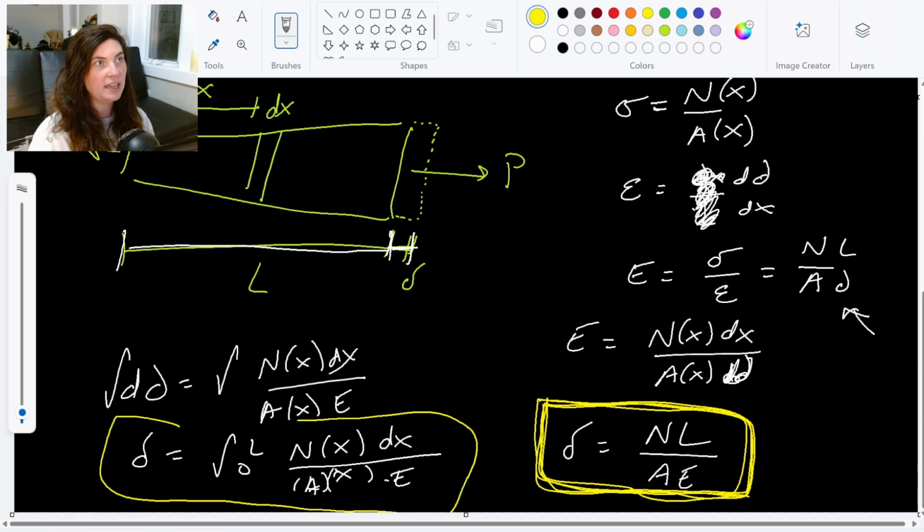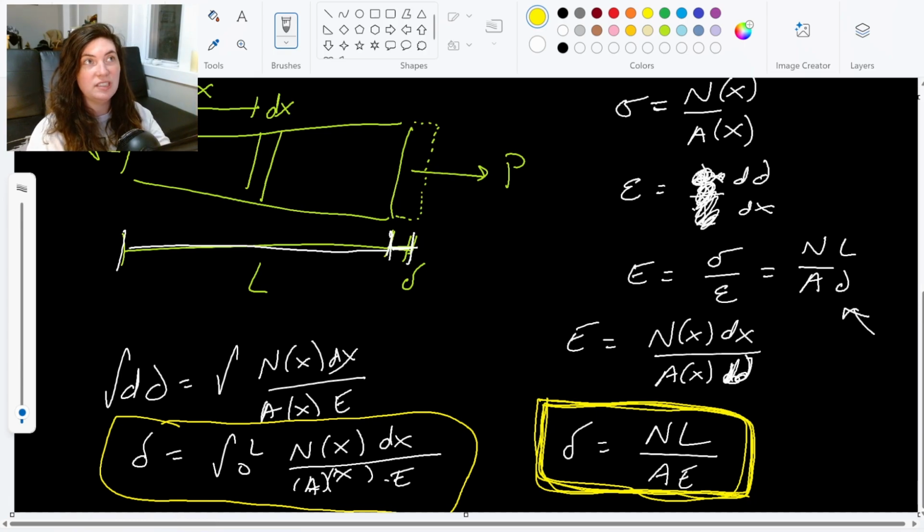So we can find the displacement of anything that has an axial load. Anything that's being stretched or pulled is going to have some kind of deformation, some kind of movement, some kind of displacement. And that's what we're going to be finding first with these axial load problems, is whatever that displacement is.